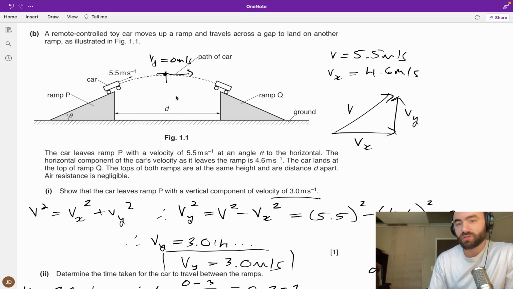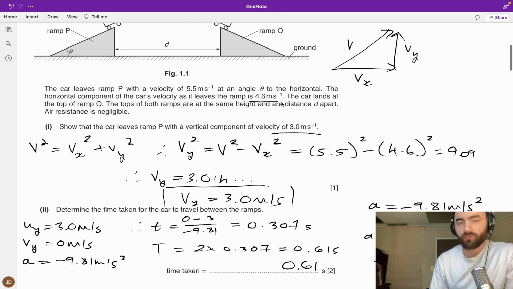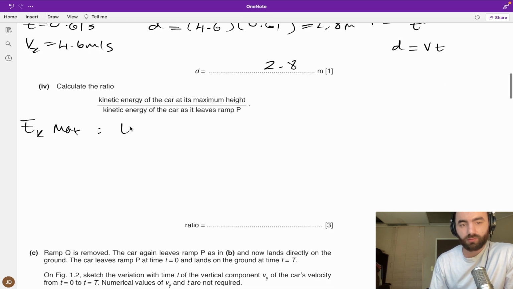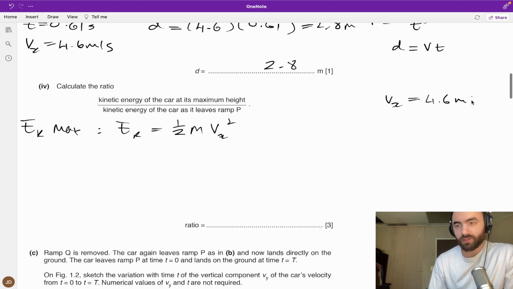So its velocity at the top is all of this horizontal component, so it'll be 4.6. So kinetic energy at the max height is going to be a half the mass times Vx squared, with Vx being 4.6 meters per second.